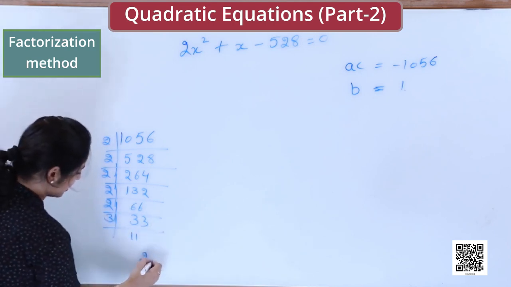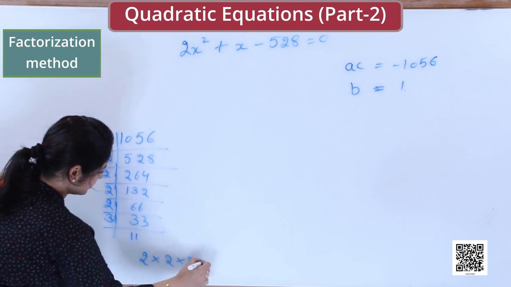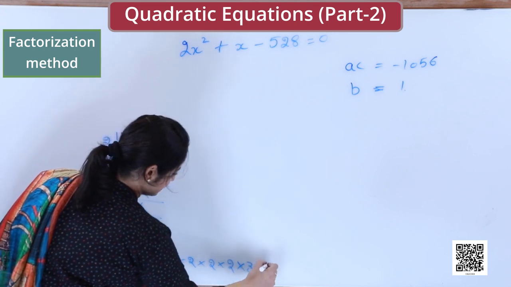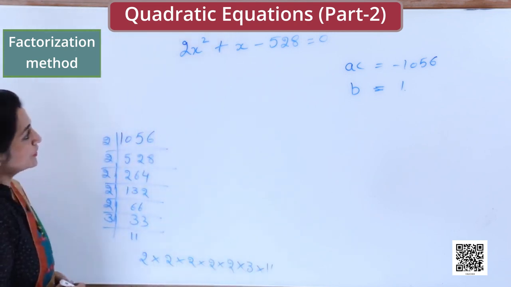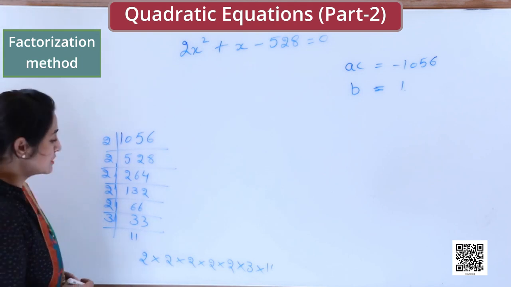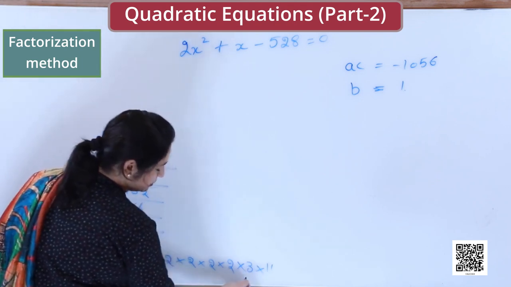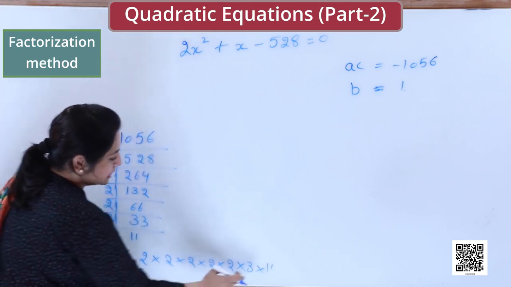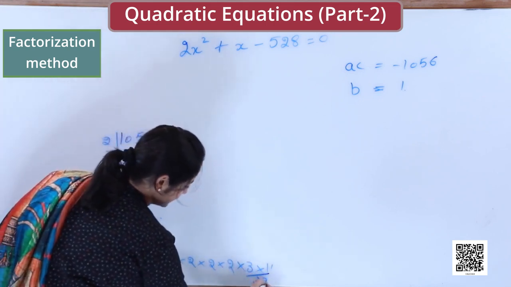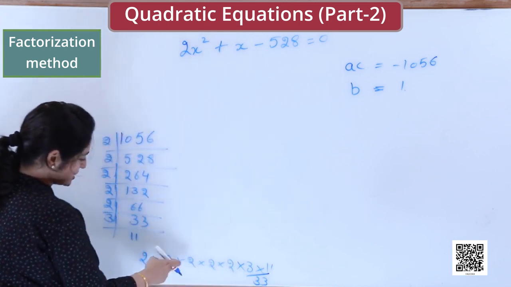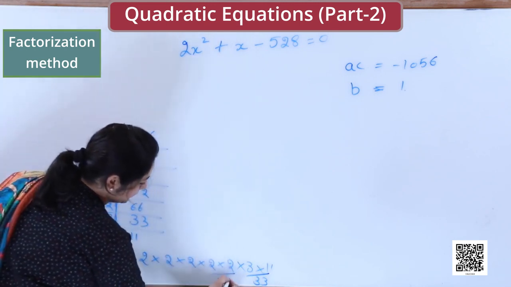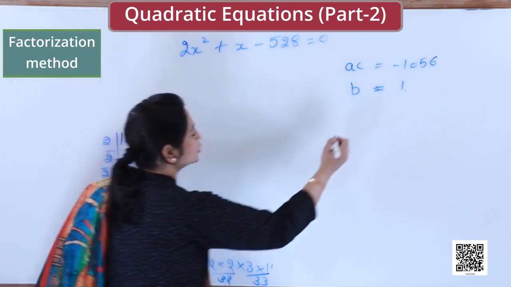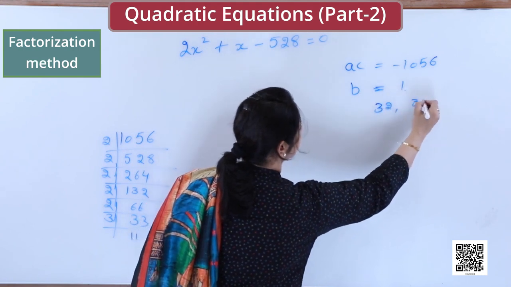So prime factors here are 2 multiplied by 2, multiplied by 2, multiplied by 2, multiplied by 2, then multiplied by 3 and multiplied by 11. Now we need 1 as the addition or subtraction. So 11 into 3 is 33, then 66, I think that will be too big. So 33 here and 2 2s are 4, 2s are 8, 2s are 16, 2s are 32. So 33 minus 32 will give us 1. So I think the two numbers here will be 32 and 33.